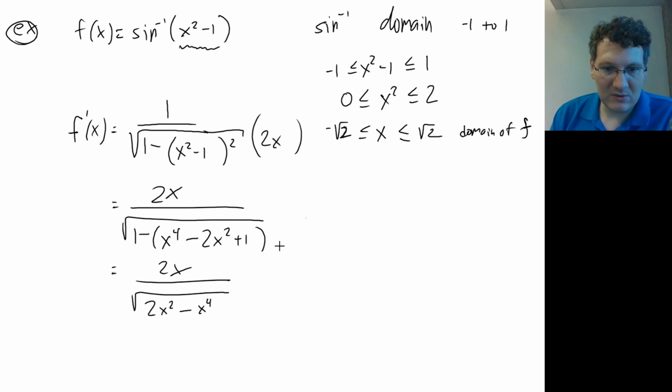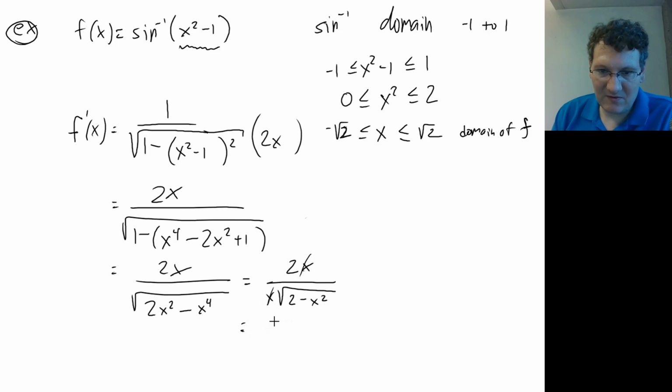The 1 minus 1, those are gone. And actually, I can take the x squared out. Let's write this as 2x over x times the square root of 2 minus x squared. The x's can cancel, so we can simplify this even further: 2 over the square root of 2 minus x squared.